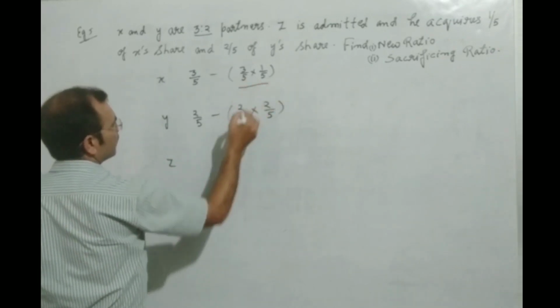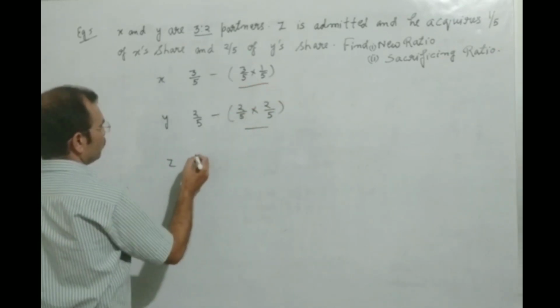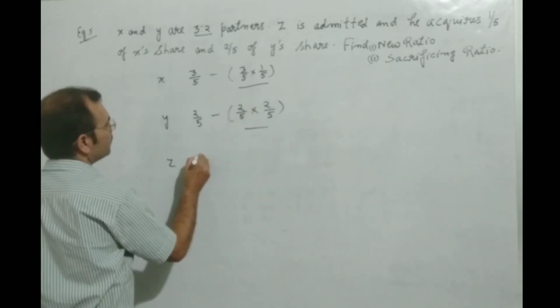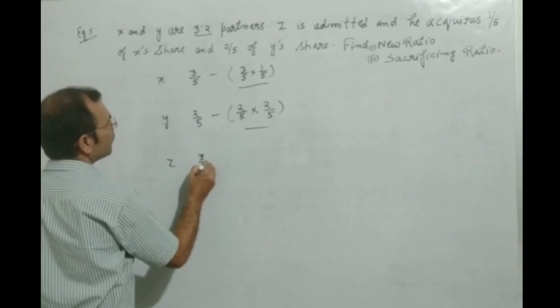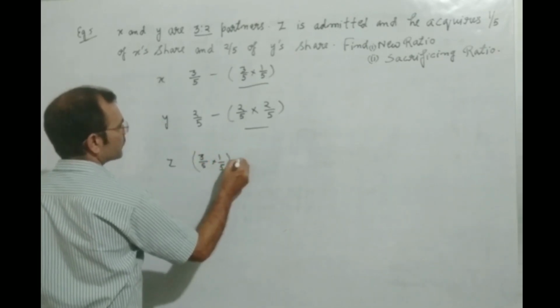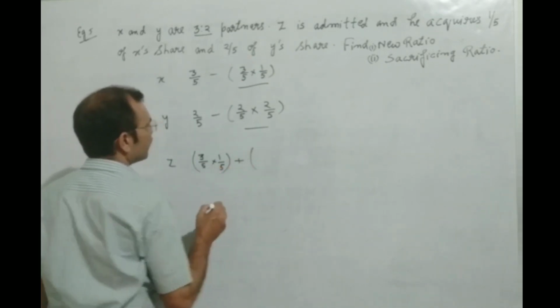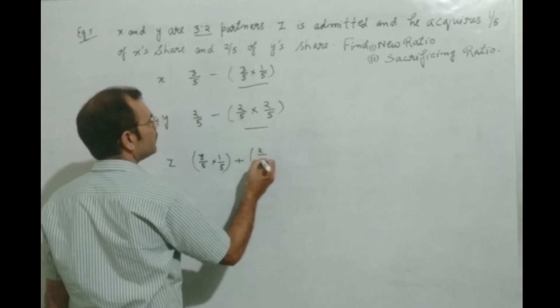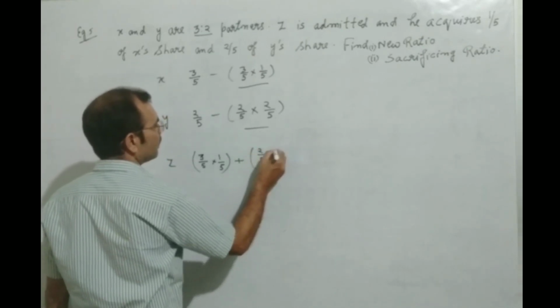Both things will be the part of Z: 3/5 into 1/5 plus the Y's share, which they were sacrificing.